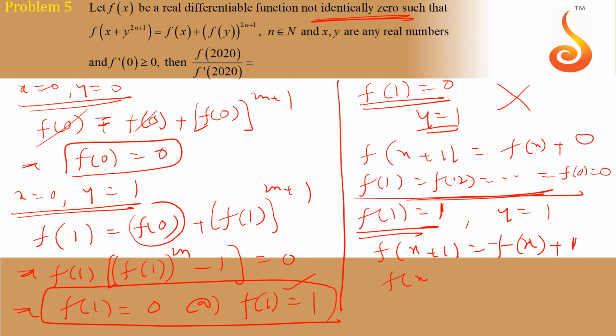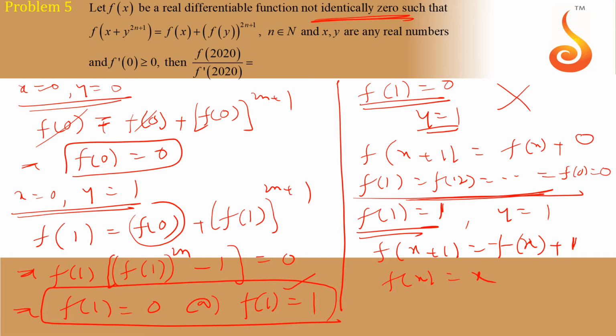Then this says that f of x will be x, because if you put x equal to 0, f of 1 will be 1. If you put x equal to 1, f of 2 will be 2. So f of x equal to x, the identity function, you are getting.